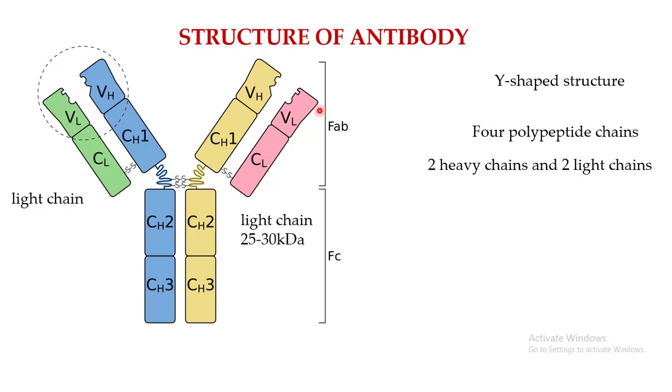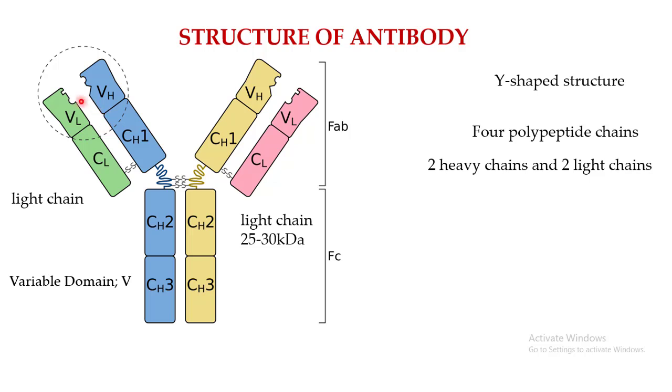If you look at this pink one and this green one, they are the light chains. Their molecular weight is about 25 to 30 kilodaltons, because there are different types of antibodies, so you are going to see a variation in the molecular weight of these light chains. This is one light chain, this is another light chain. Within the light chains, you are going to see two domains.